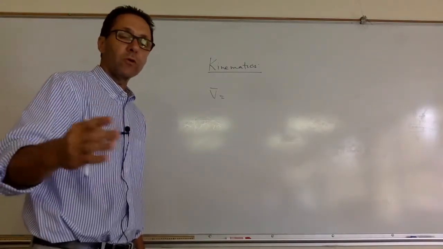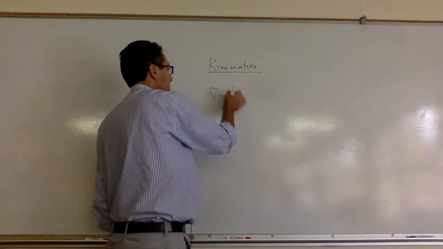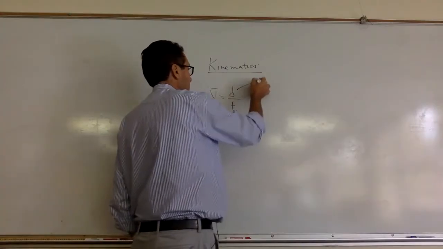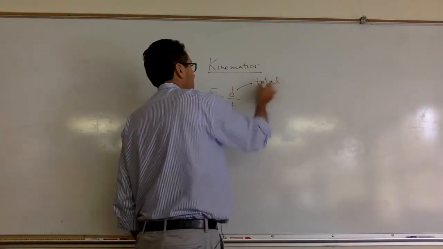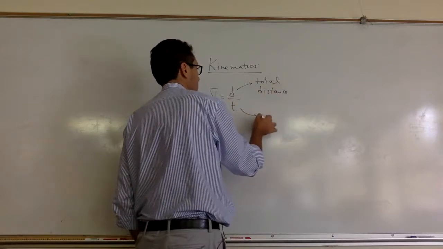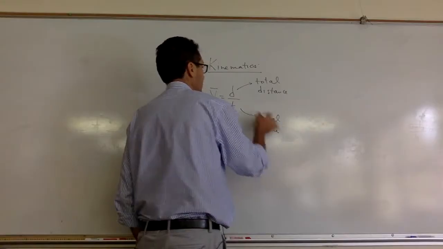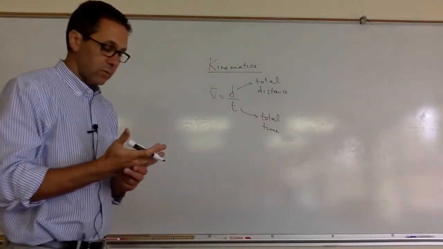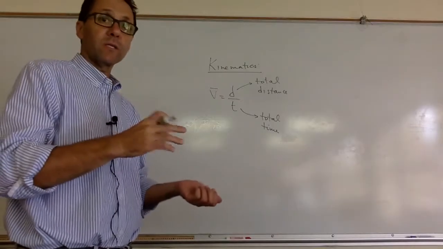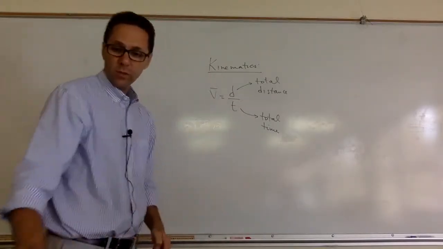You might be going slower, faster. So the average speed, I put a line over it, is basically just total distance over total time of travel. This is the whole distance traveled, and this is the total time it took you to cover this distance. At times you might be covering less distance or more distance in equal amounts of time, but I'm just looking at the overall.